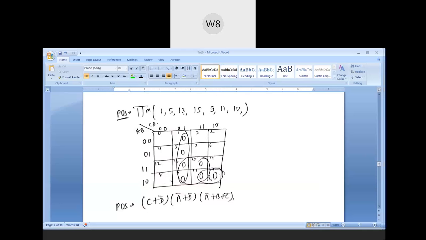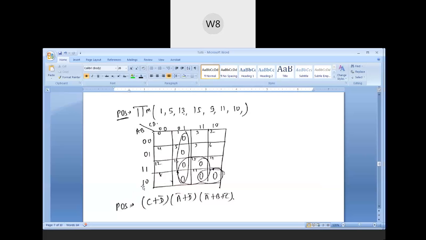Now this bottom corner has a 0 cell which was not grouped with anyone, so it will be grouped with the left side cell, that is the only neighboring cell containing 0. So in this case, one variable from the x direction, which is D, will get eliminated, and we will have C from the x direction, and we will have A and B from the y direction.